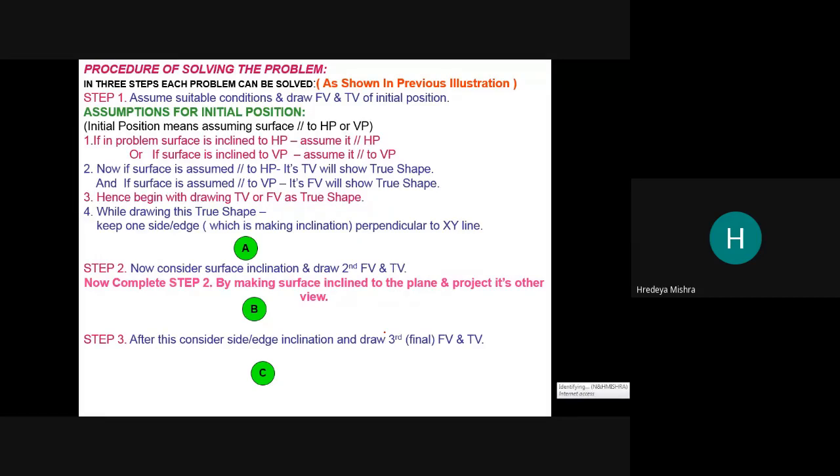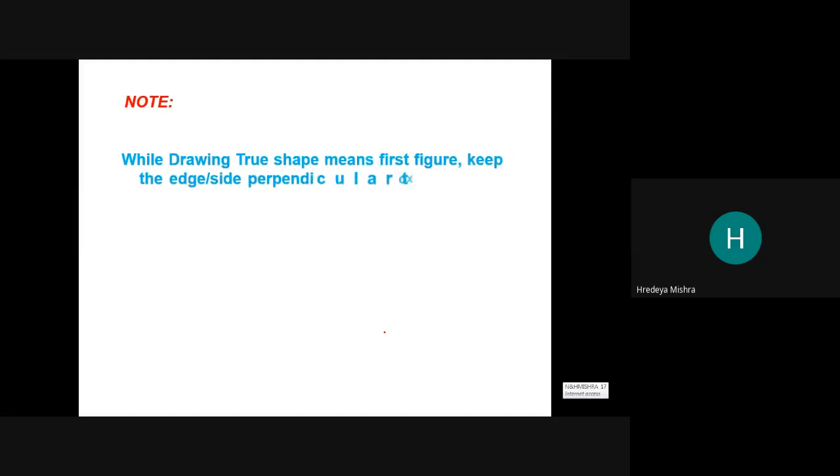Now we're going to see the demonstration for the problem, so we can better understand that. There is an important note. While drawing the true shape, meaning the first figure, we keep the edge side perpendicular to the xy line, which is inclined to the principal plane, or keep it in the principal plane.